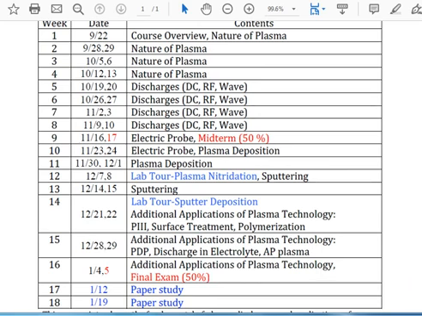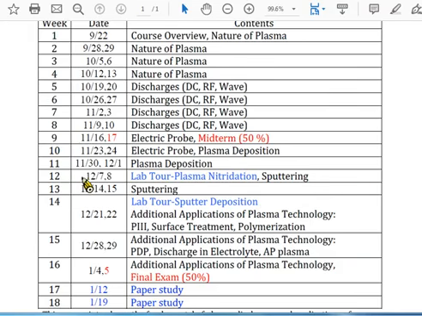In the class, after you learn the basic plasma concepts and the discharge processes, you can come to my lab to see the sputtering system and the plasma nitridation system.